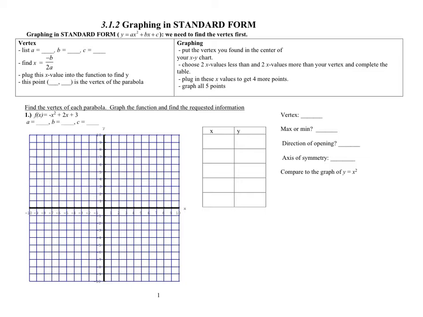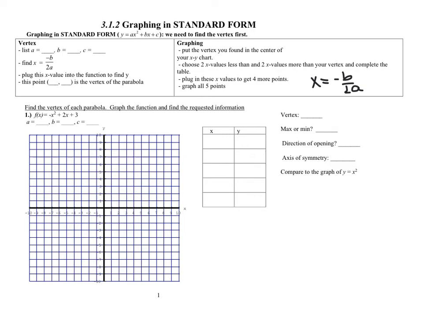And to be able to find the vertex, we need to identify the a, b, and c from the given equation. So this is the given equation. Let's start by finding the vertex. Remember, the vertex is given by x is equal to minus b over 2a.